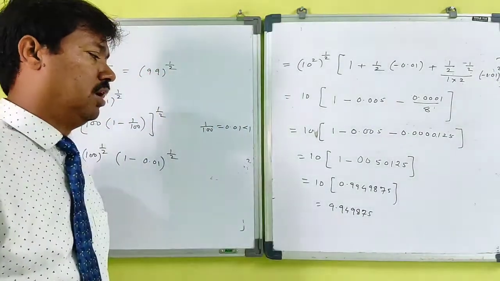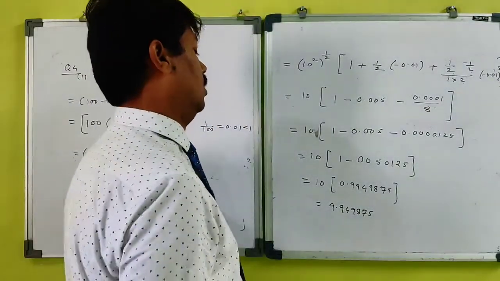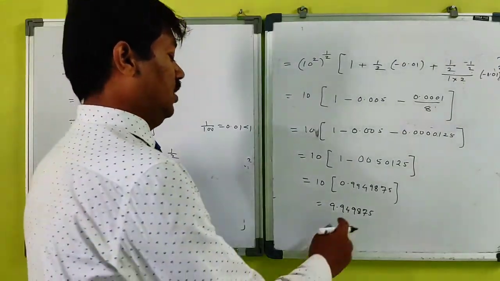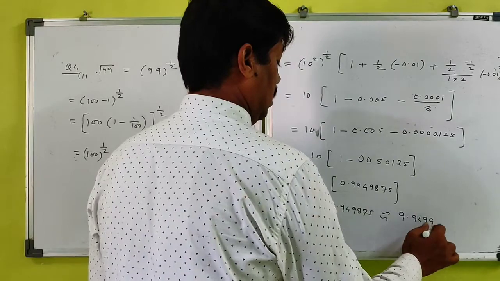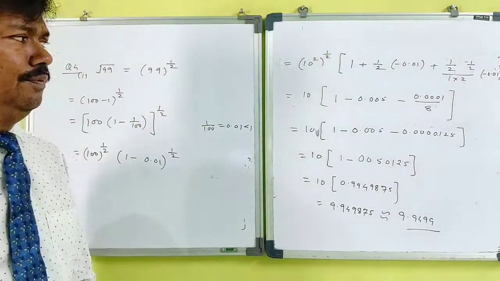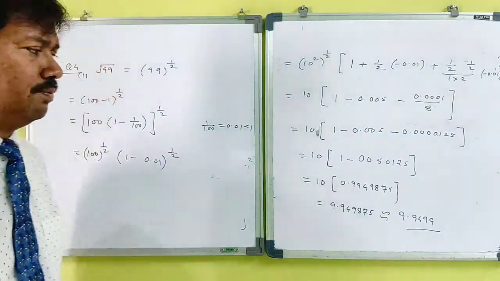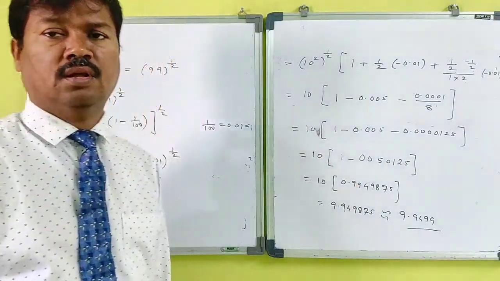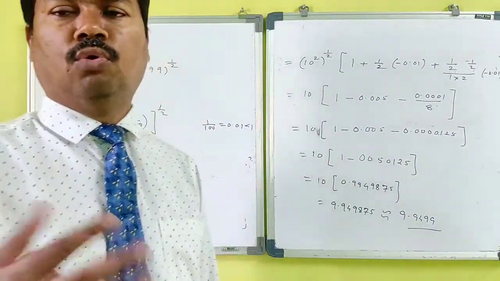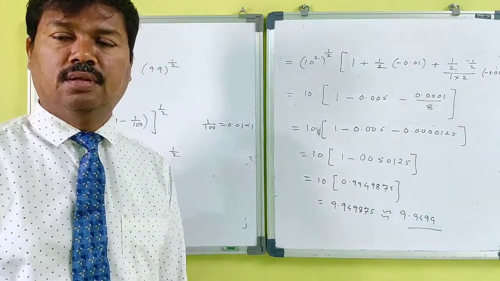The question asks up to 4 places of decimal, so we can say this is approximately equal to 9.9499. This calculation part is what you have to take care of. Otherwise, it is very simple, there is nothing more advanced to this.